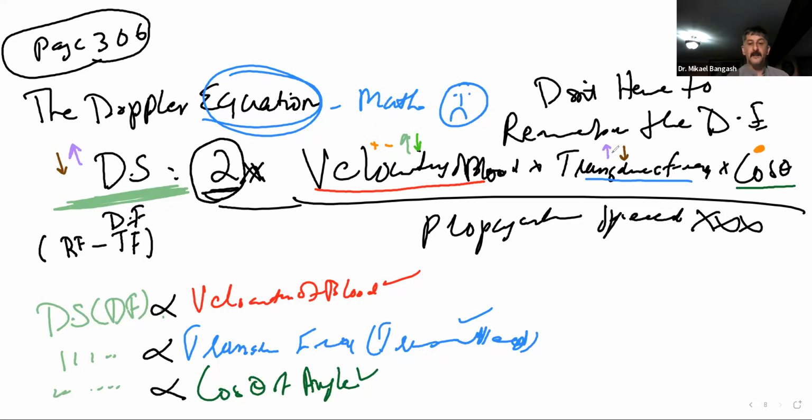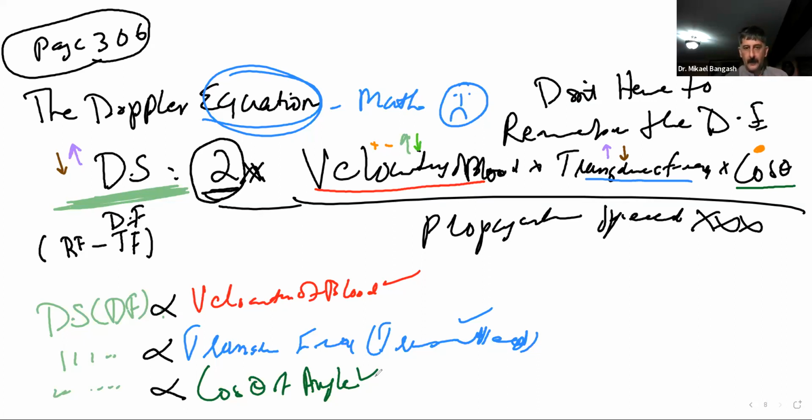The higher or lesser the transducer frequency is, it's going to give you a higher or lesser Doppler shift. And the greater the cosine theta value of the angle.